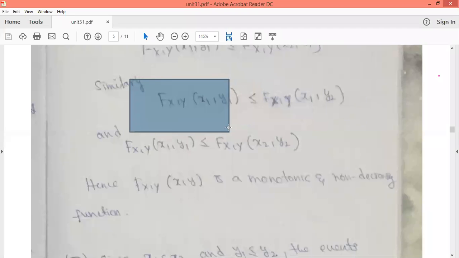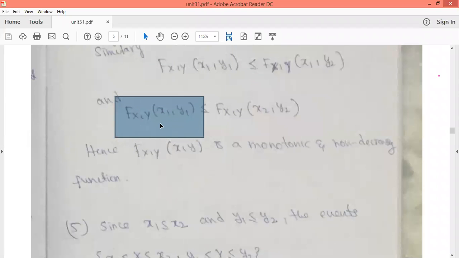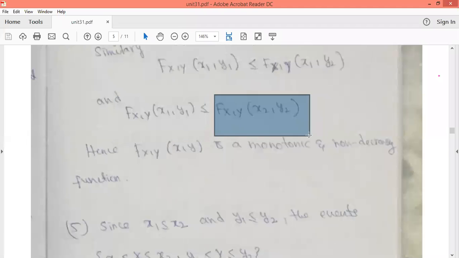Okay. So from these relations we can know that the joint probability distribution function at x1 y1 will always be less than or equal to the joint probability distribution function at x2 and y2, because x2 and y2 will always be greater than x1 and y1.